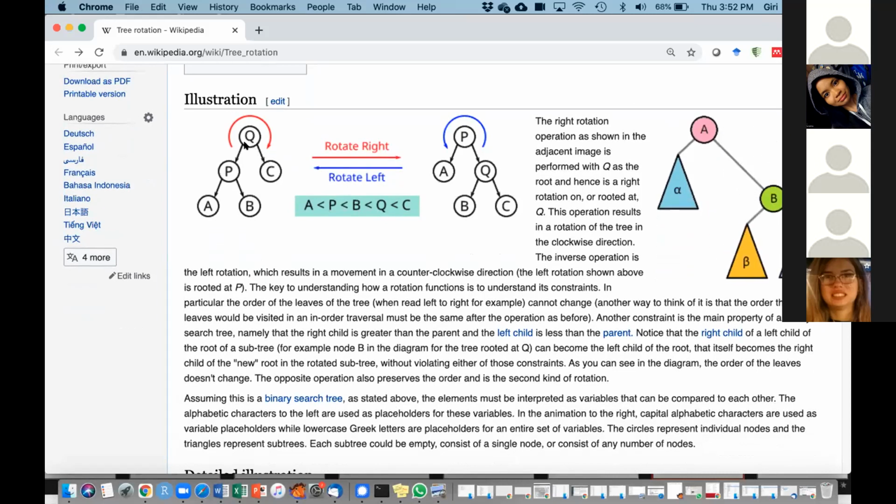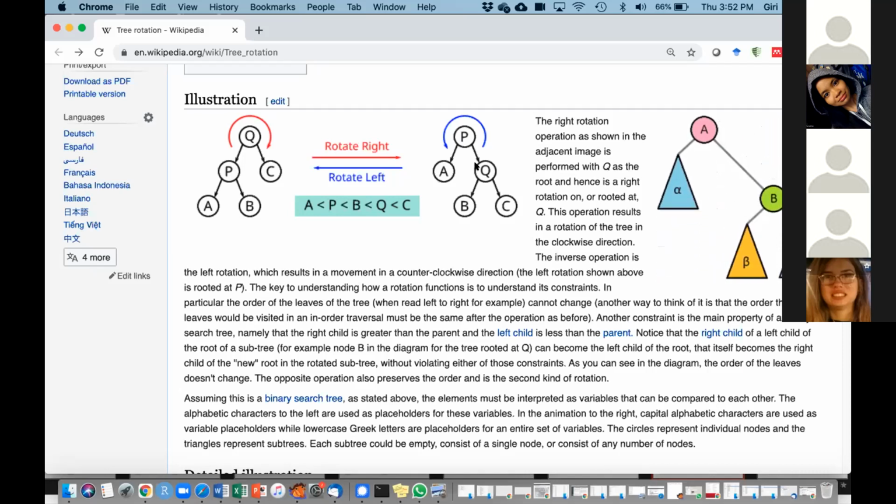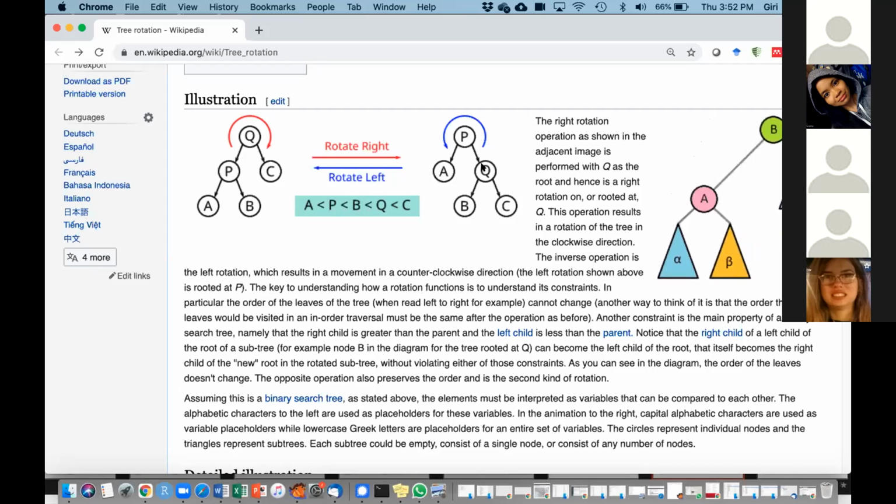You see here that if you rotate right at Q, it will send P to be the root, and Q will become its child. So the rotate operation simply makes the parent the child. Okay, so instead of P being a child of Q, you'll have Q being a child of P.